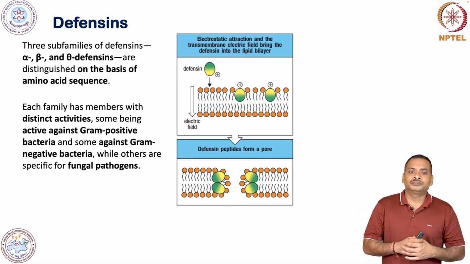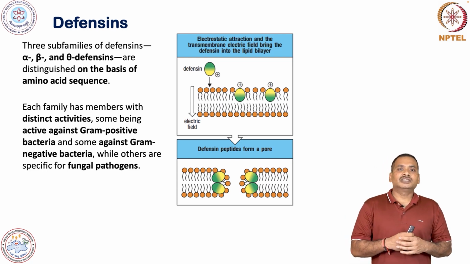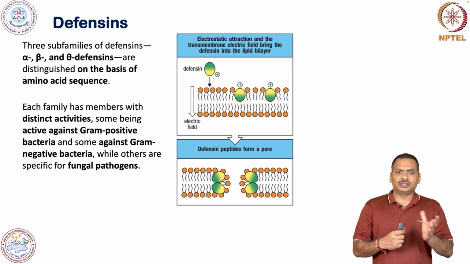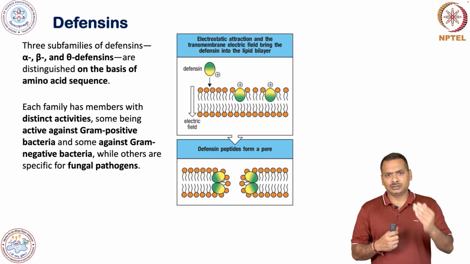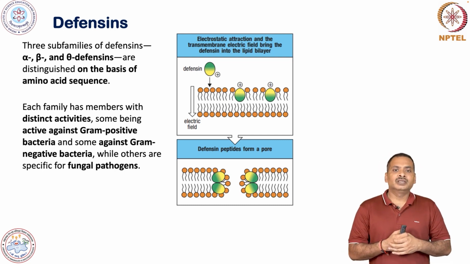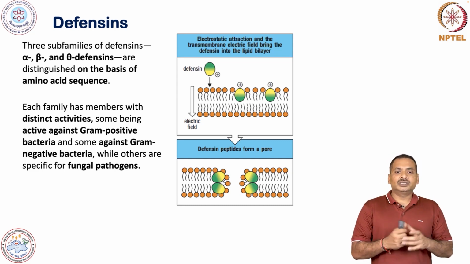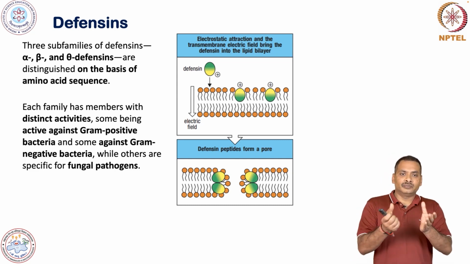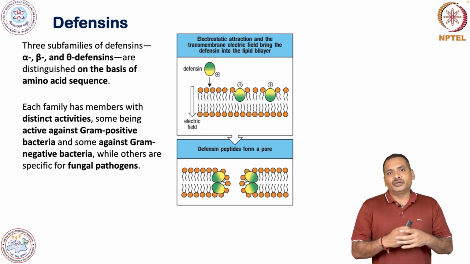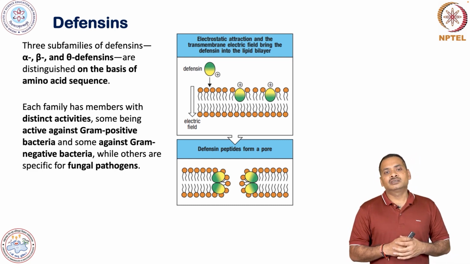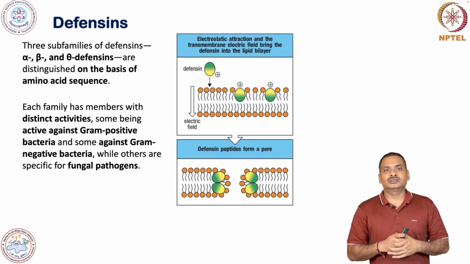Here you can see, this is electrostatic attraction, and the transmembrane electric field brings the defensin close to the membrane lipid bilayer of the microbial pathogen, and it is deposited in such a way that it makes a pore. So this is the way by which defensin acts. It is quite common for other peptides also.